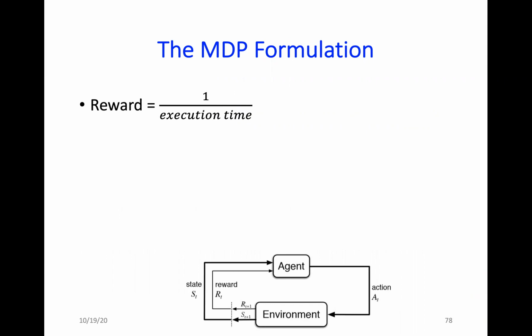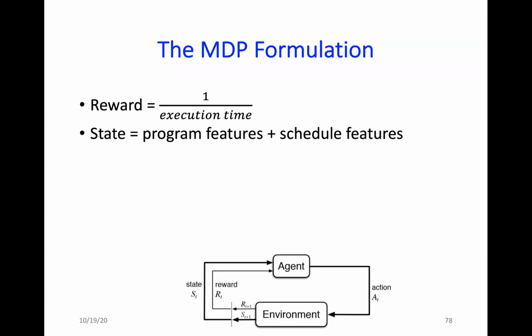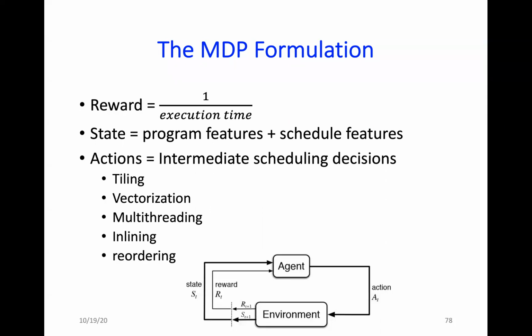So the longer the execution time, the worse, and the shorter the execution time, the better the reward you have. Our state is based on program features and schedule features, very similar to the beam search work. And our actions are all the actions that I showed you in previous slides for tiling, vectorization, multi-threading, inlining, etc.